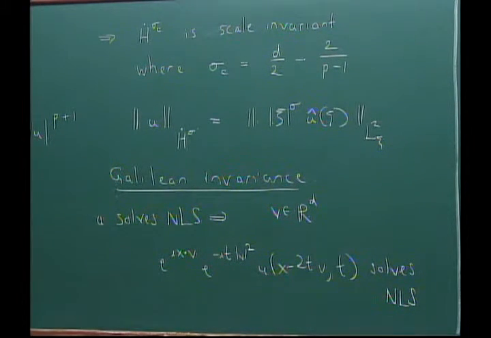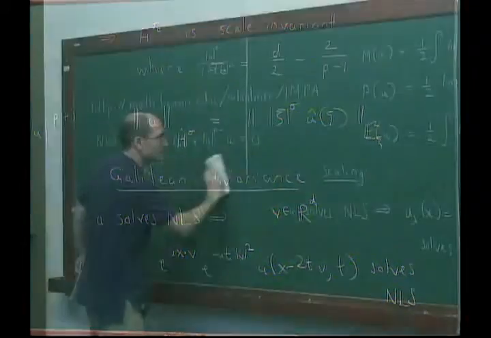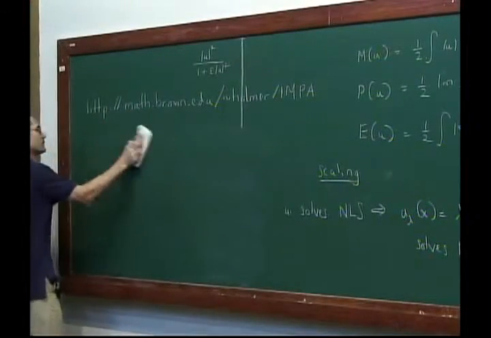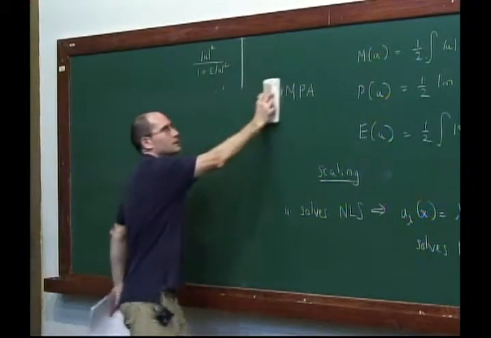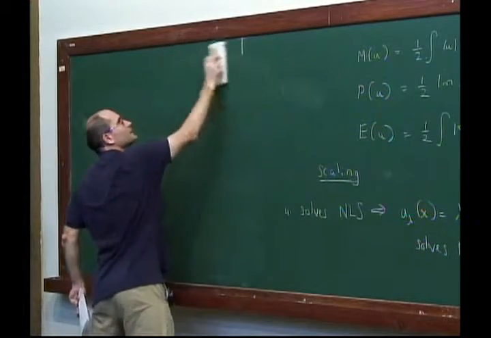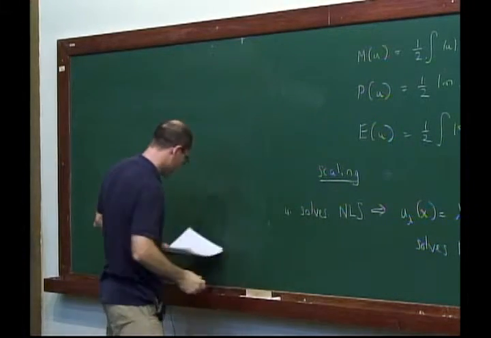But there's another invariance called the pseudo-conformal transformation, which is probably best motivated by first looking at the linear equation. So this is supposed to be an analog of the conformal invariance for the wave equation.